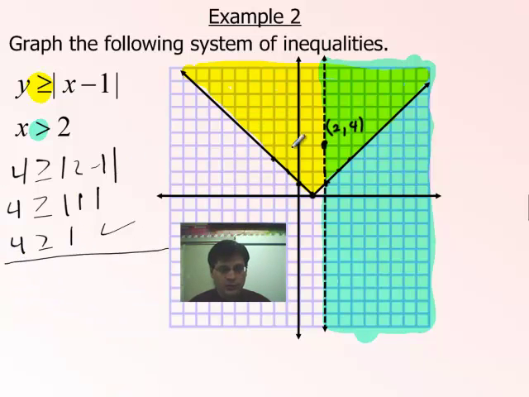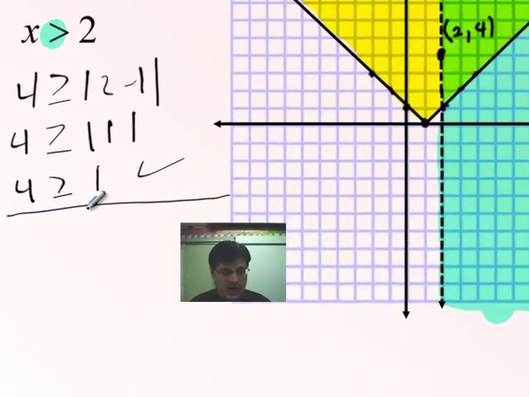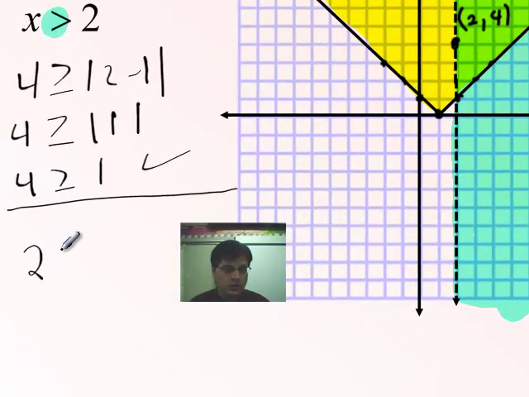Now the next one, I'm going to substitute this into the x. Now there is no y, so the only thing I can substitute into there is the x. So 2 is greater than 2. Well, 2 is not greater than 2. That does not work. So that would not be a solution for the second inequality.